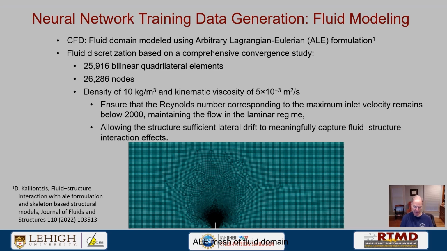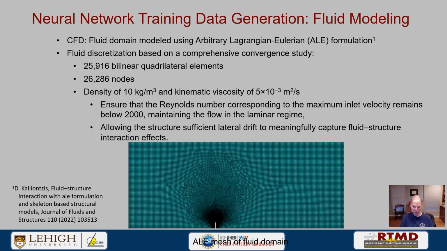For the fluid discretization, we did a mesh convergence study and arrived at these fluid elements called bilinear quadrilateral elements, just over 26,000 nodes. The density of the fluid and the kinematic viscosity are shown there.